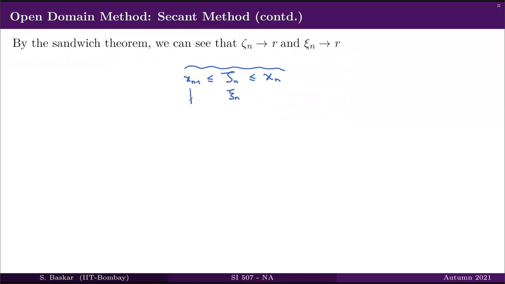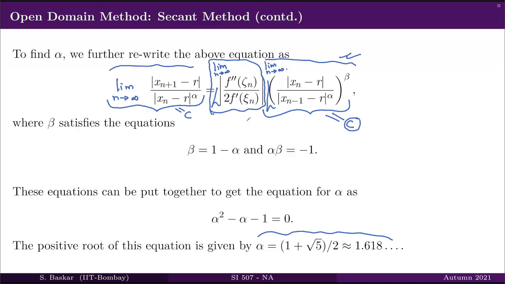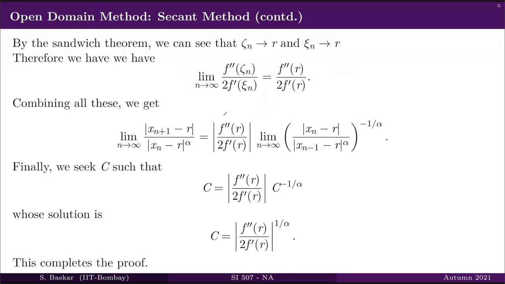And we know that both these are tending to the root that we are interested in, which we have already proved. Since we have proved that, we can use the Sandwich Theorem to show that zeta n also converges to R and xi n also converges to R, right? So once you see this, then we are through with what could be the limit of this term. Yes, the limit of this term is f double dash of R divided by 2 into f dash of R.